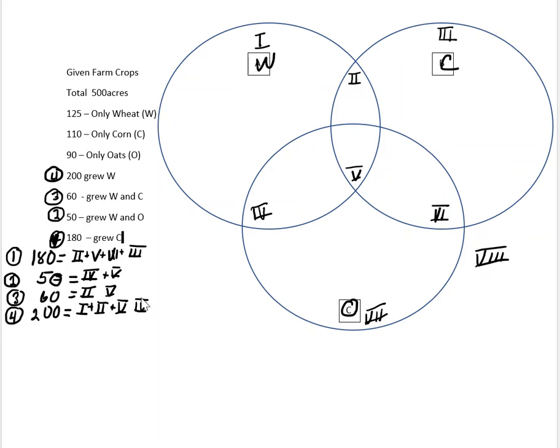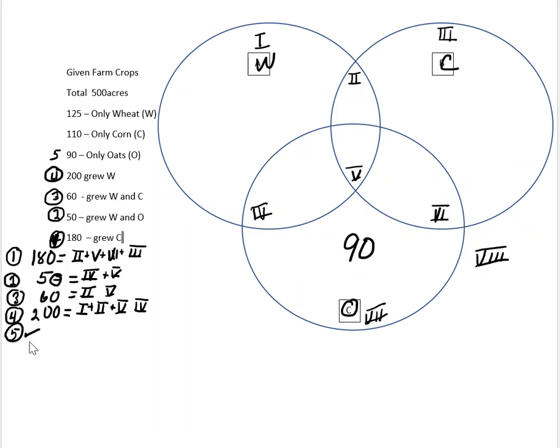Now I come up to number 5, and I know that only oats has 90 in it. So I can put a 90 here. That's only oats, not wheat and oats, or wheat and oats and corn, or all 3. So it belongs in this little area here, and that's taken care of.